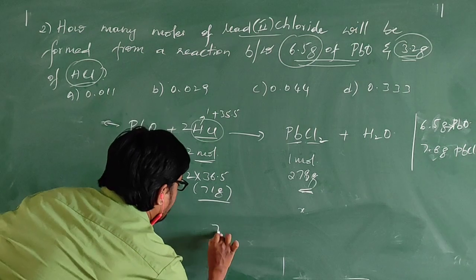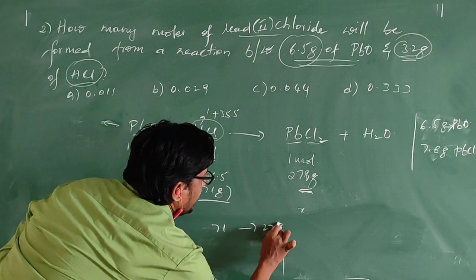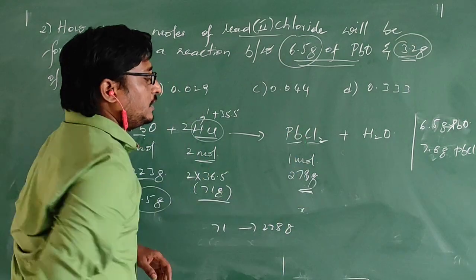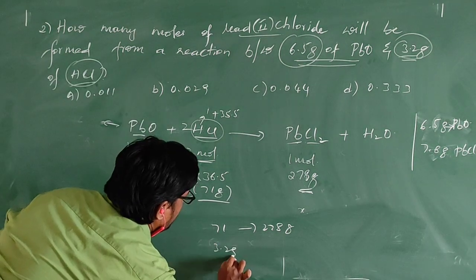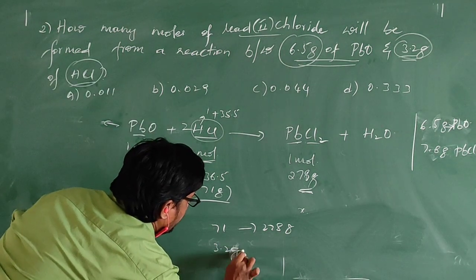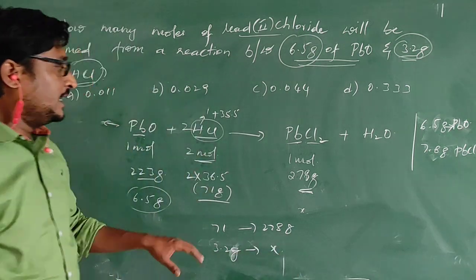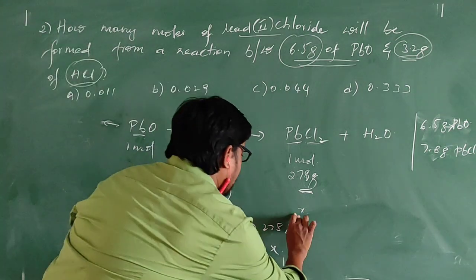See, from 71 gram, 278 gram of lead chloride is getting produced. Then from 3.2 gram, how much amount is produced? Let us think that as X. Then cross multiply.